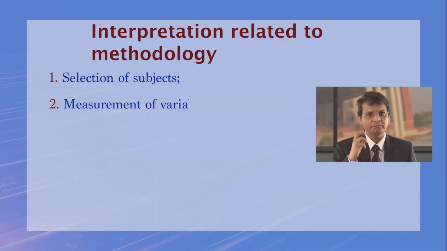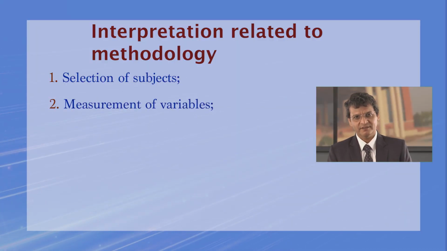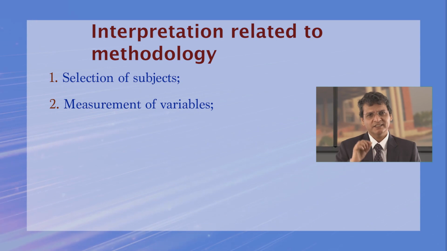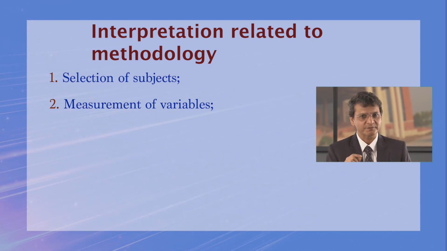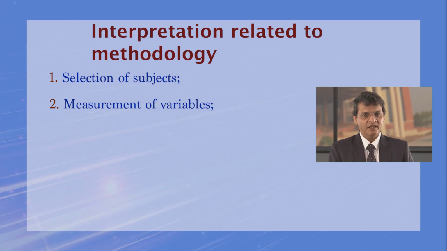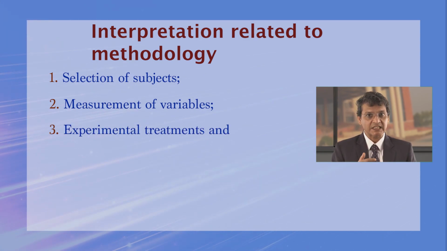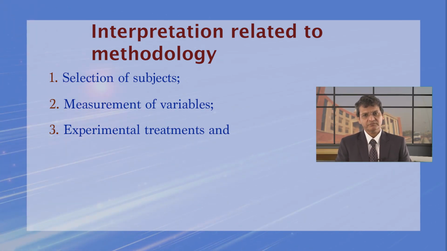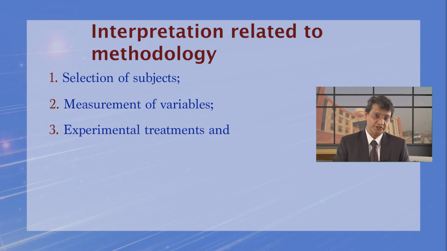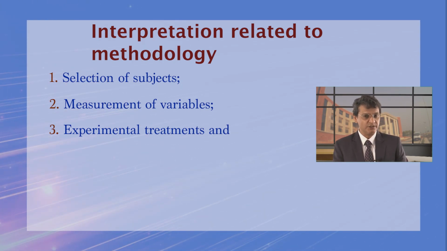The second, measurement of variables. Here you'll have to write some interpretation of the measurement of variables. Third, if it is experimental research, experimental treatments. And fourth, you must not forget, if it's quantitative research, maybe the general statistical techniques, or maybe the sophisticated statistical techniques you must have used.